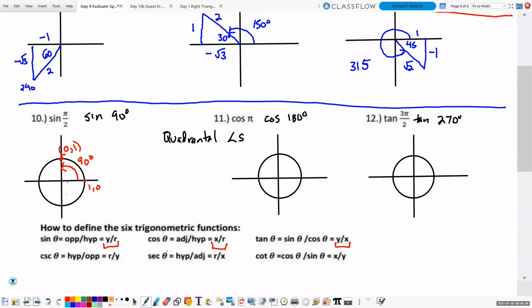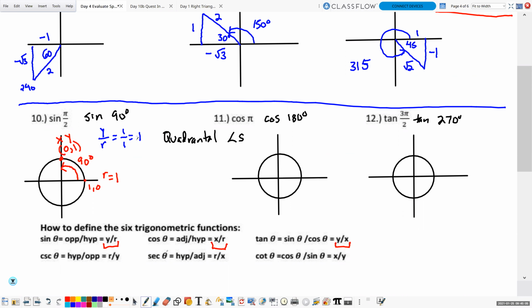Everyone write that down. So this circle has a radius of 1. At 90 degrees, the x value is 0. The y value is 1. So if I do y over r, I'm going to have 1 over 1, and the sine of 90 is 1.